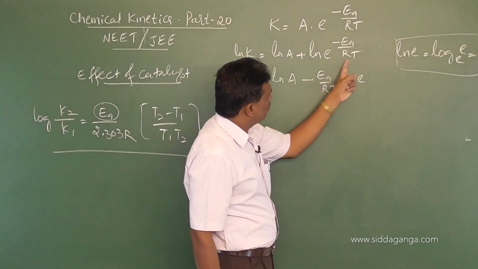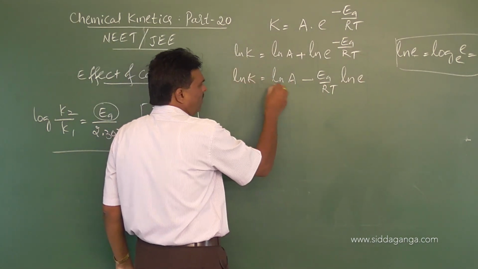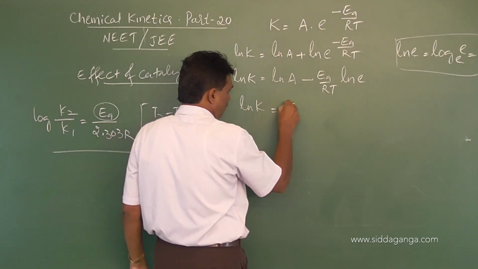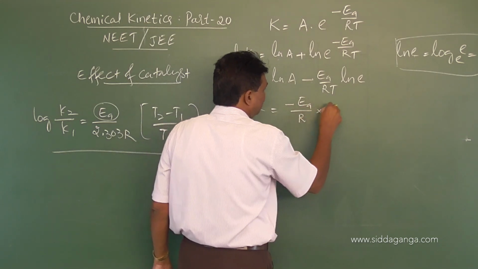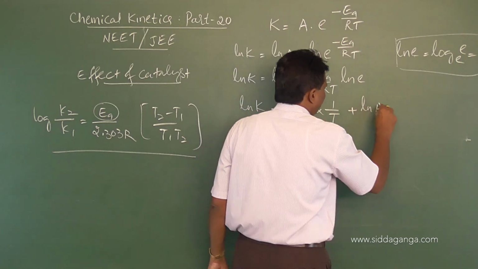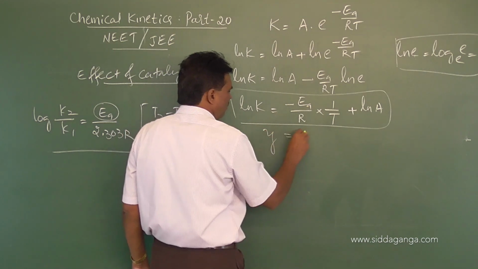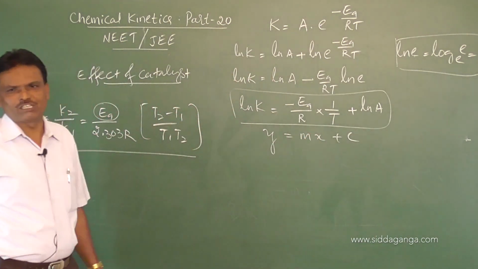So if this value is 1, then log K is equal to log A minus EA by RT, or log K is equal to minus EA by R into 1 by T plus log A. So this is of the form y is equal to mx plus c.